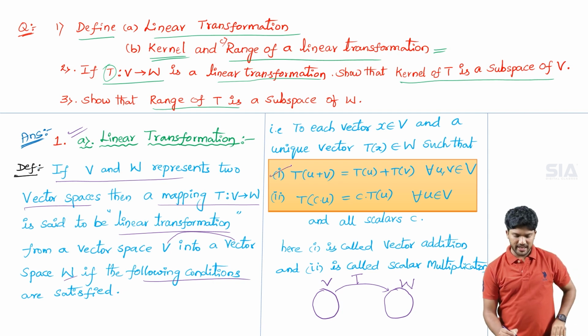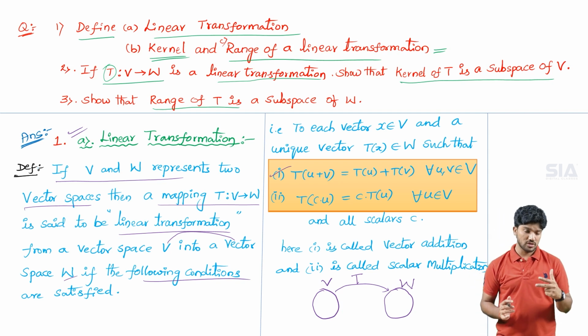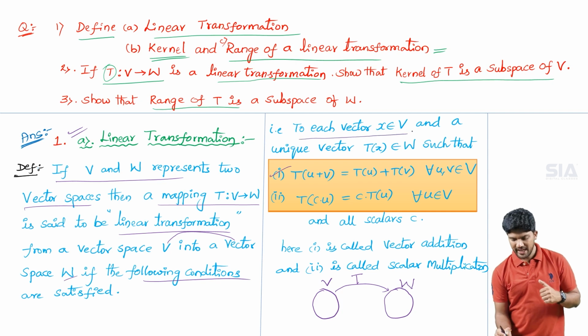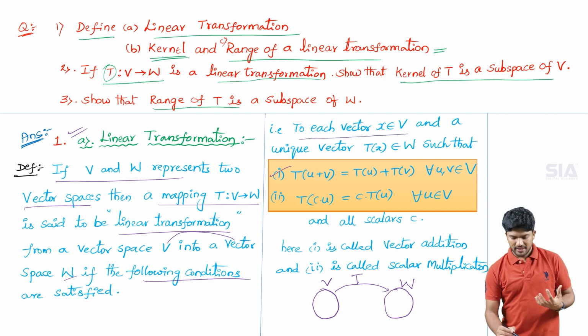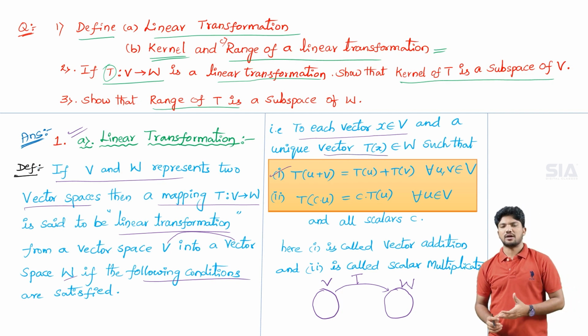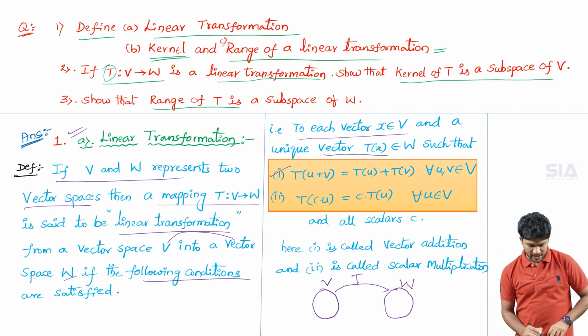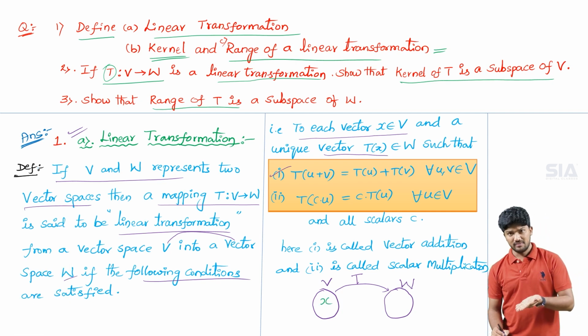Simply, we can also say these are vector addition and scalar multiplication in linear transformation. Those two properties are: to each vector small x belongs to capital V, there is a unique vector T of x belongs to W. Here capital V is the domain and W is the codomain.